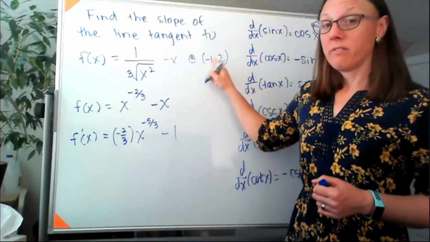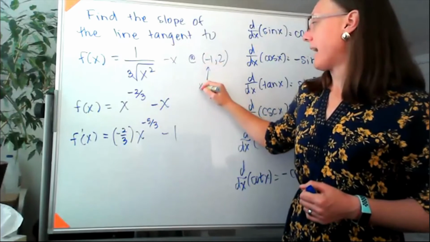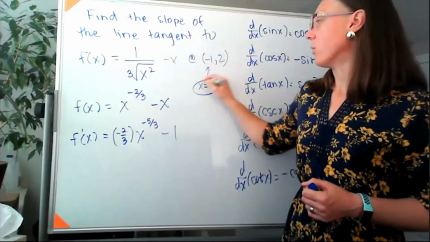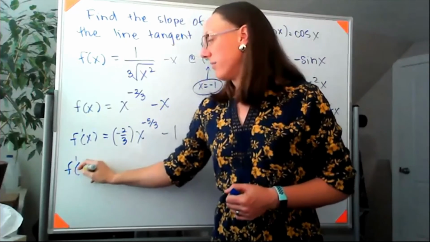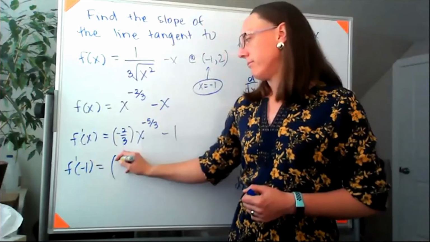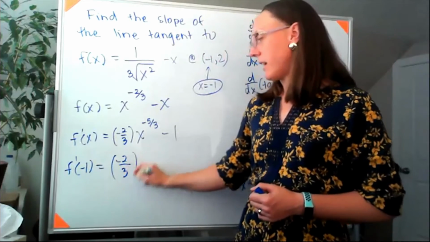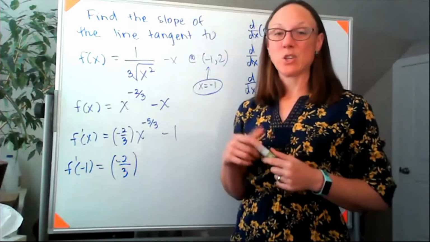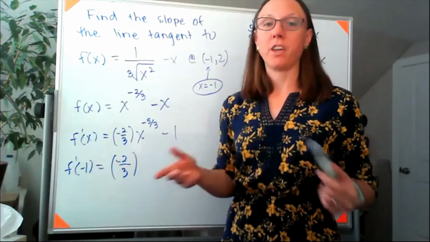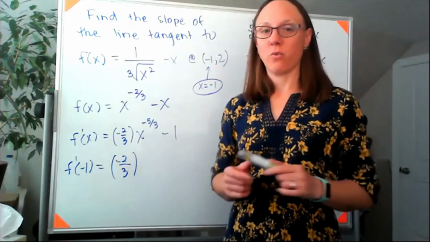We've been told to evaluate this when x equals negative 1. If x is negative 1, then we're really going to have to keep track of all of our negatives. Now, remember, I can't take the square root of negative 1, but the cube root of negative 1 is just fine.